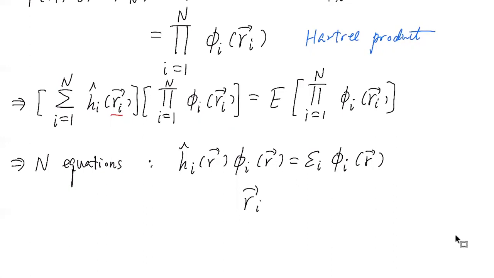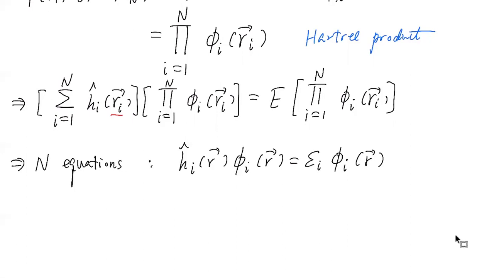Since all the n equations have exactly the same form, formally they are exactly the same. So you just need to solve one equation, and then you essentially solve all the n equations, because formally they look identical to each other. So here I just no longer write ri.